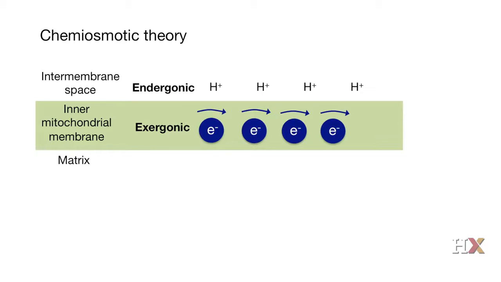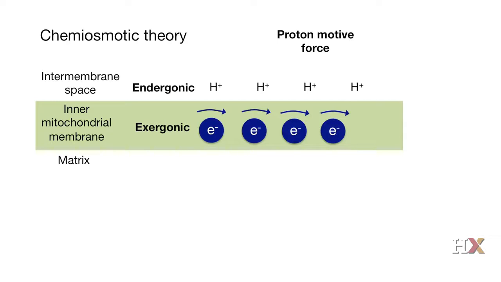The free energy derived from the oxidation of fuel molecules and ultimately from the transfer of electrons through the electron transport chain is conserved as a transmembrane chemical potential called the proton motive force. This gradient of protons across the membrane is in fact an energy reservoir that is used to drive ATP synthesis.